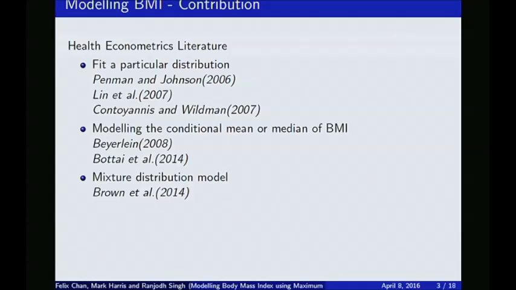So you have Pamela and Johnson suggesting using a log normal. Lin et al., Lin himself is quite a renowned statistician working in the area of skew normal density, has a really nice paper covering skew normal, skew T, mixture of normal, mixture of skew T, the whole lot.